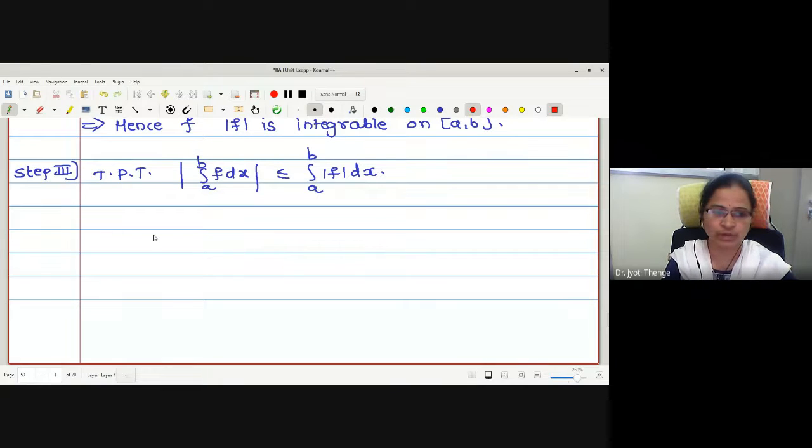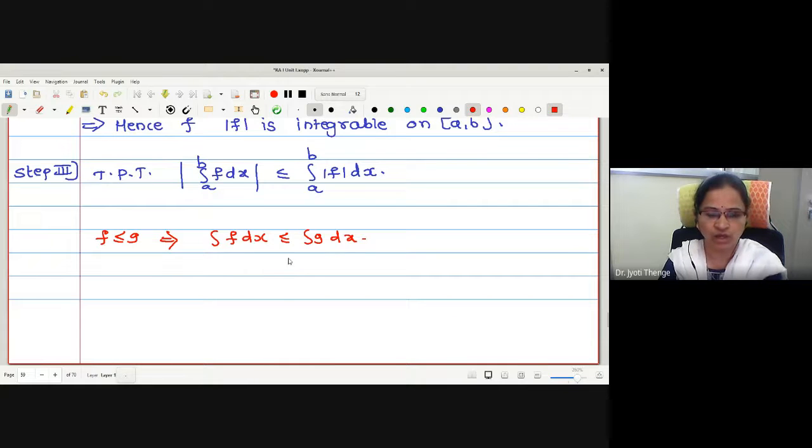I think you might be remembering it. Whenever f is less than or equal to g, we have already written that integration f dx is less than or equal to integration g dx. Correct? We have proved this, no? I think it is deduction number 5.